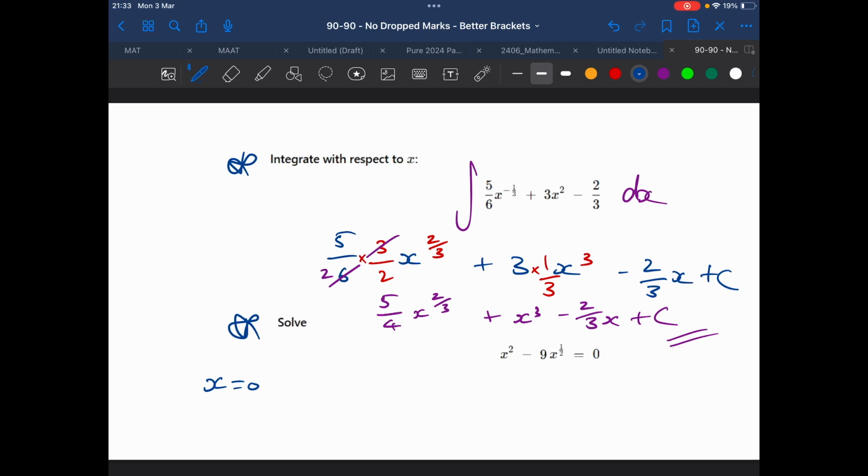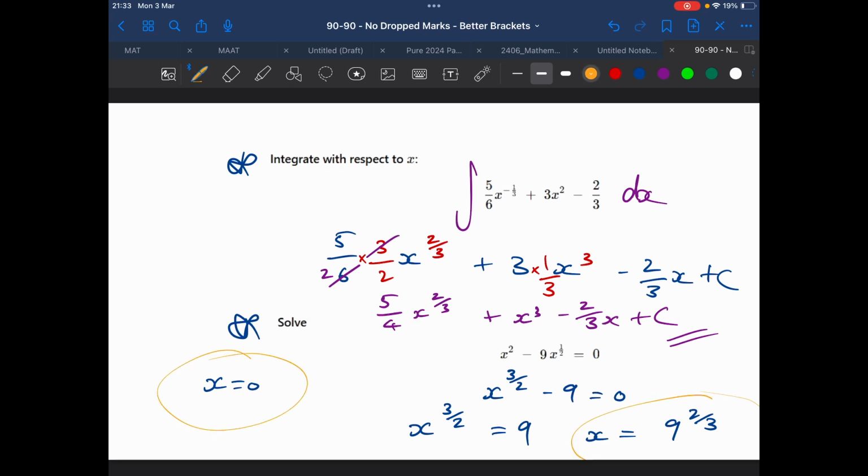If we divided it through, we would get x to the 1.5, that's 3 over 2, minus 9 equals 0. Let's move the 9 to the other side. And let's use that trick. So 3 over 2, the reciprocal is 2/3. So x equals 9 to the 2/3, which again is not necessarily a nice number. So we have x equals 0 and x equals 9 to the 2/3.